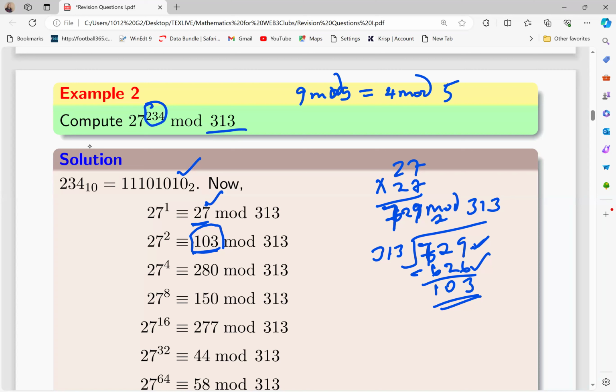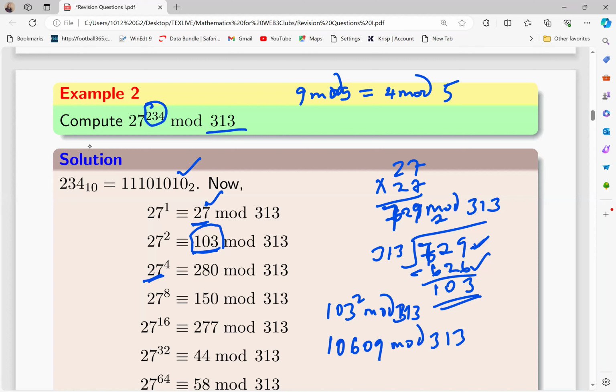Now, at this point, we want to square what is above. When you square 103, what do you get? 103 squared. So we have 10609 mod 313.